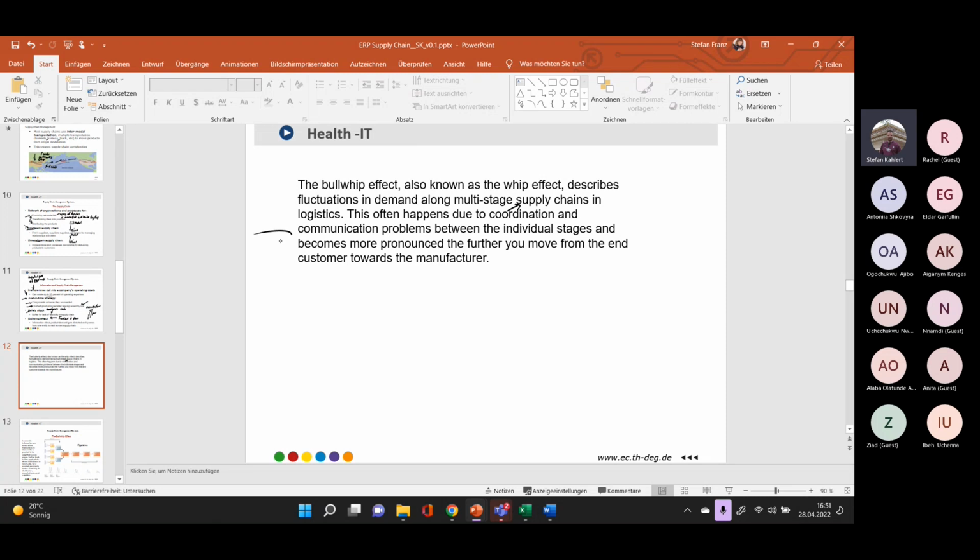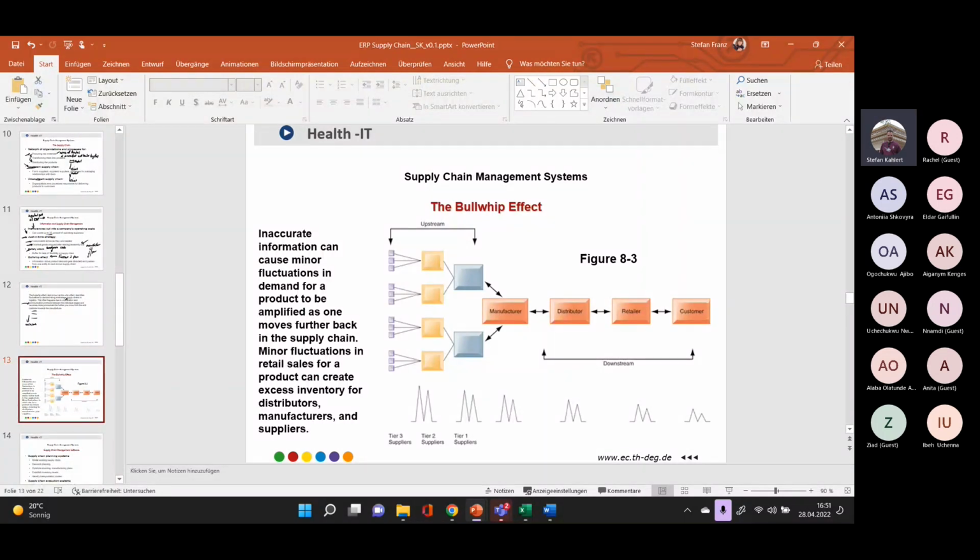You see, it's about communication at certain stages, and the further you move to the end customer who should receive goods, the bigger the problem gets across all stages. You see that here in the picture, right?